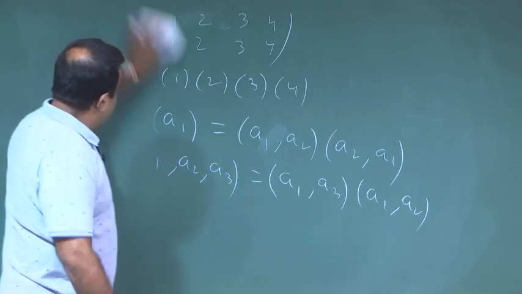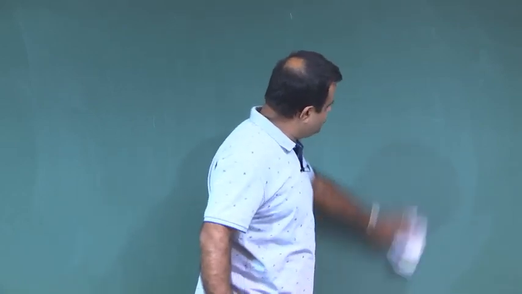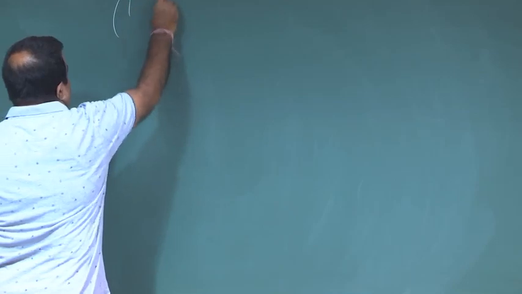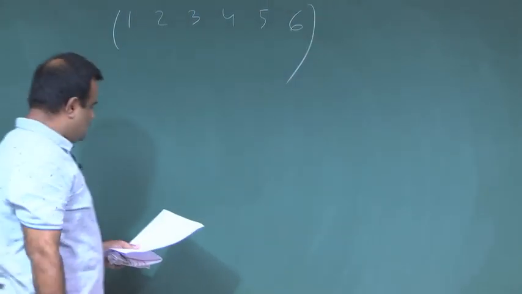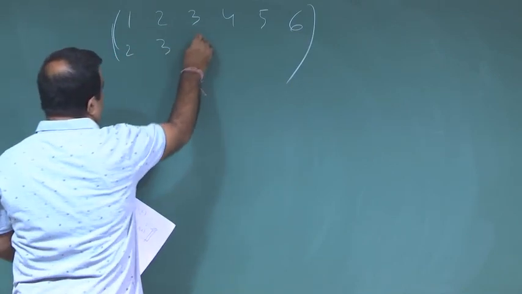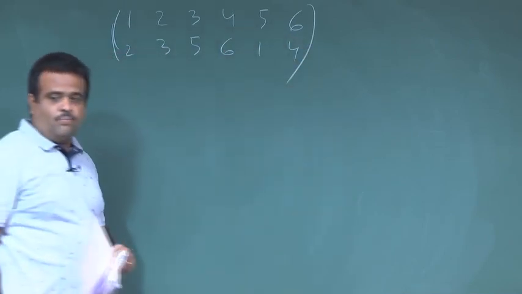Let us take another example. If we have 1, 2, 3, 4, 5, 6, a bigger permutation, this is 2, 3, 5, 6, 1, 4.